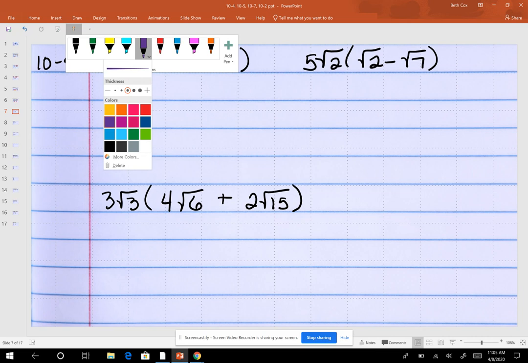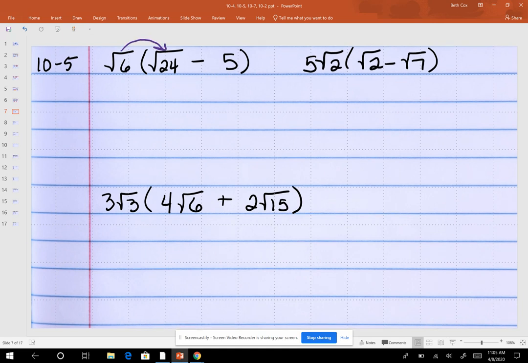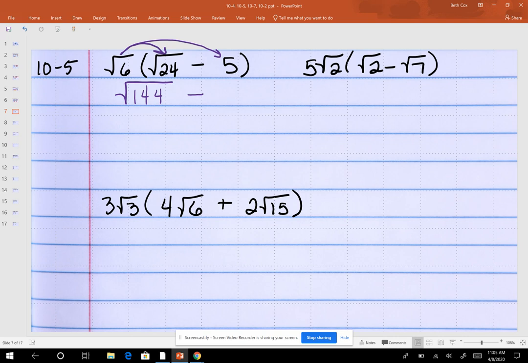And so this first one, we're going to distribute. Now you can simplify before, during, or after. That again is your call. We'll do it afterwards. So I'm going to distribute. The square root of 6 times the square root of 24 is going to be the square root of 144. And then the square root of 6 times a negative 5, or minus.